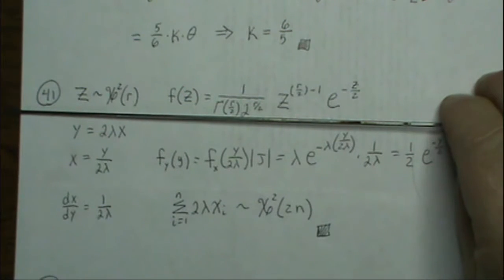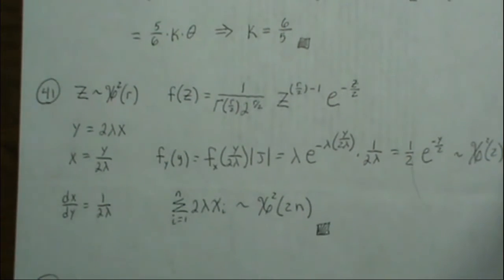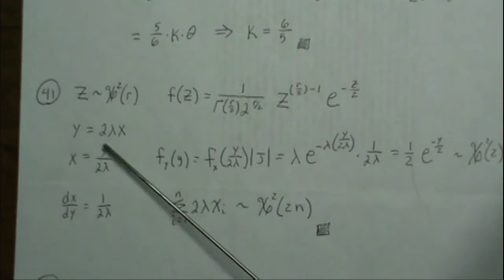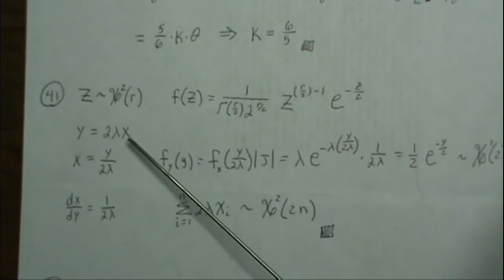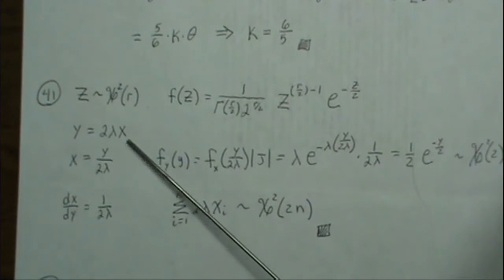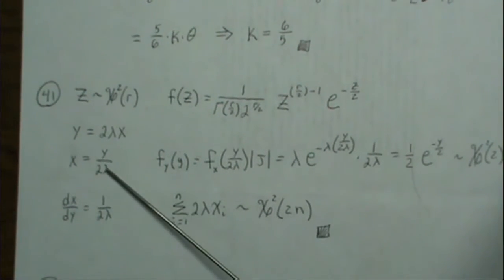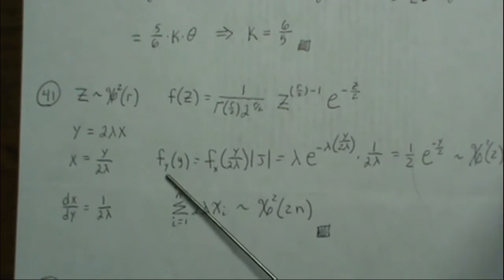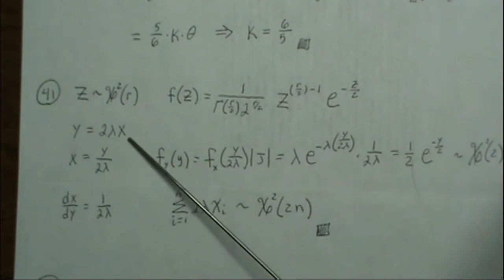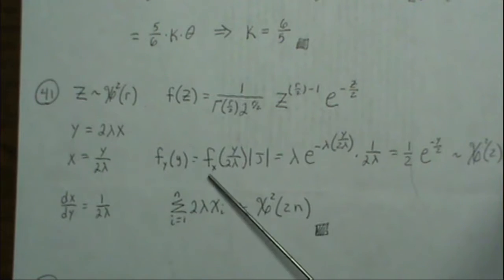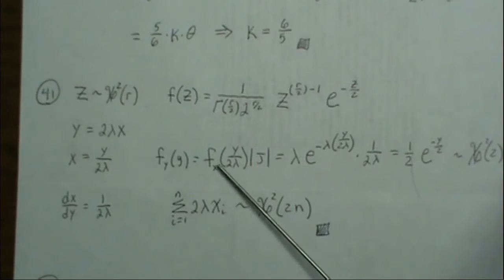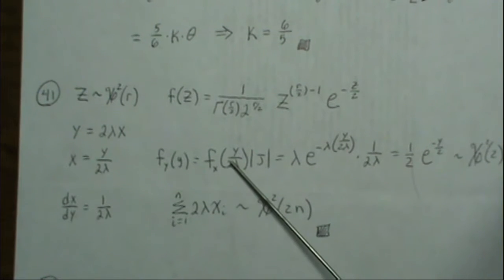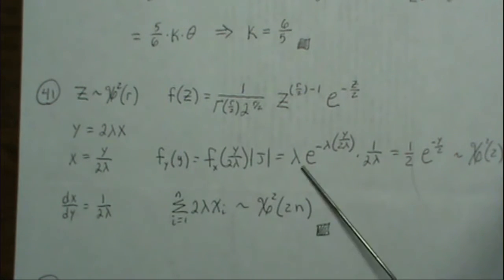So we're going to look at one case first. It asks us to find 2 lambda times the sum of all these Xi's, but let's just use one. Then we solve for x and find the derivative, 1 over lambda. So the density of Y, which is one of those X's, is equal to the density of X with this x plugged in times the absolute value of the Jacobian.